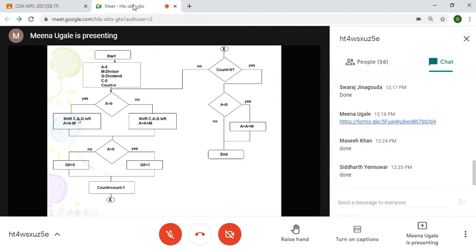So you can just check for A and Q, shifting to the left side, and A equals A minus M. After this step, what is the result of A? Whether it is greater than 0 or less than 0. If it is greater than 0, that means yes, then you are going to write the Q0 bit as 1. If A is not greater than 0, you will go for the no block and write down Q0 equal to 0. This completes your one cycle. You will be decrementing the count.